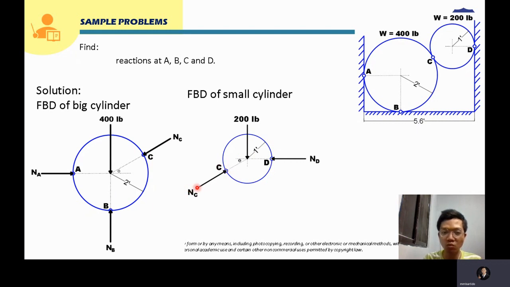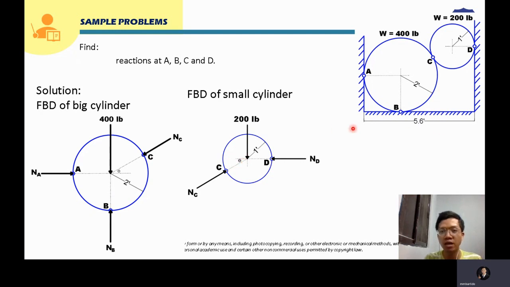So this N sub C will be directed this way at point C. And if we extend this, this will also be theta from the horizontal, just like here, no? So if this is theta from the horizontal here, it should also be theta from the horizontal here.